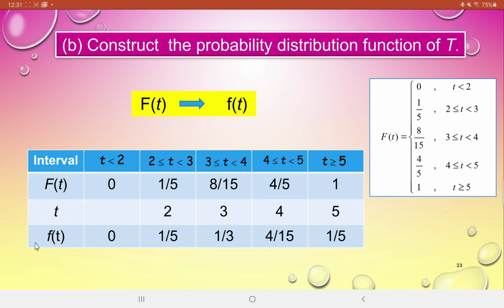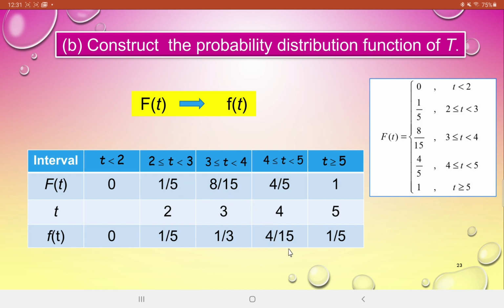The last row is f(T). f(T) starts with 0. And the next f(T) is 1 over 5. And next column, f(T) is 1 over 3. 1 over 3 comes from 8 over 15 minus 1 over 5.